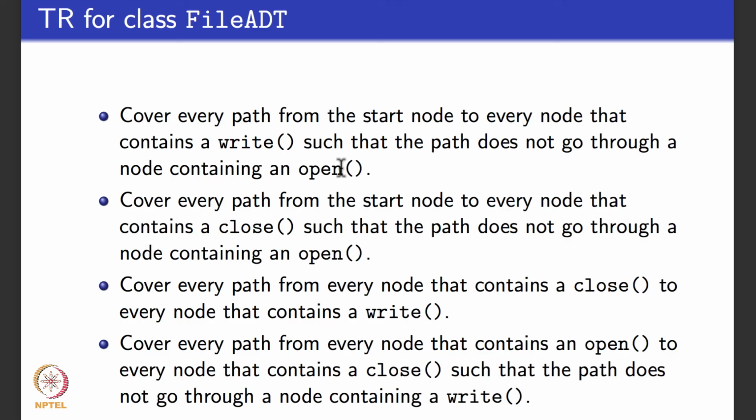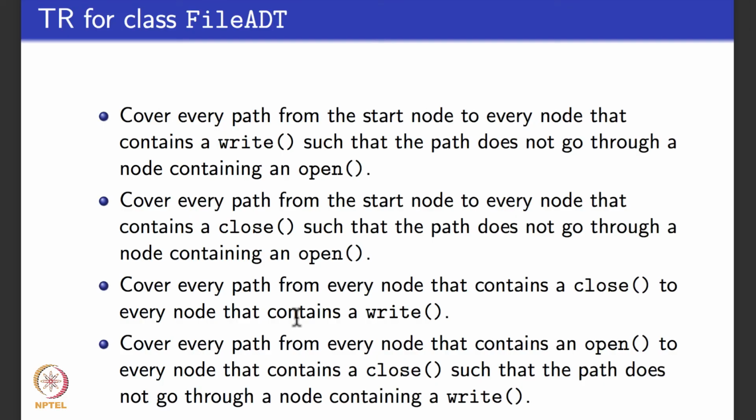Similarly, the second constraint says that before a close, a file must be open. So the test requirement to violate the second constraint will say you cover every path from the start node to every node that contains a call to the close method such that the path does not go through an open method. Suppose you have successfully found a test path, then it violates the second constraint.